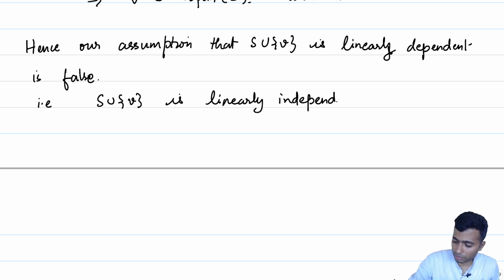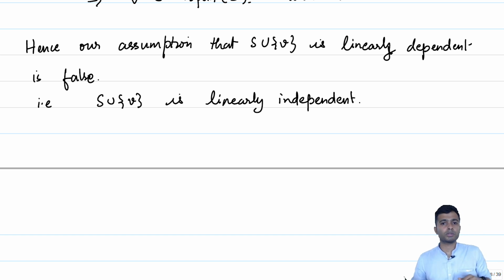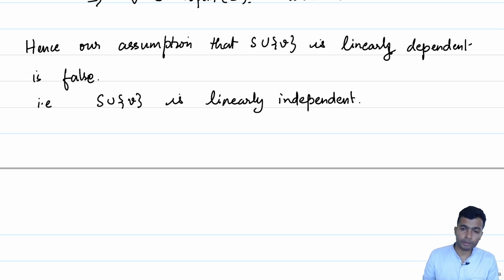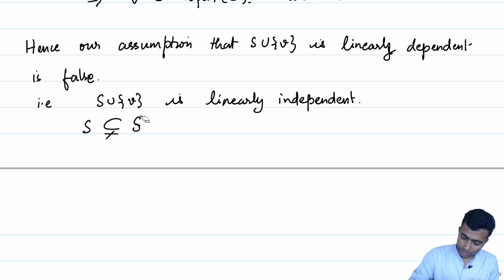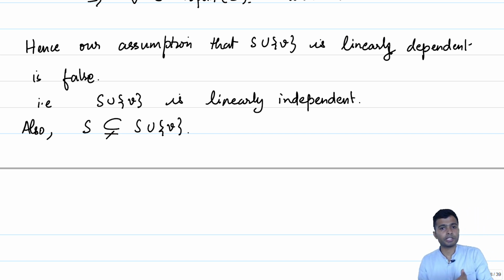Okay, that is good, because what do we know about the subset of linearly independent sets? S is clearly a strict subset of S union V, right. Also we know this. Why? Because we assume that v is not even in the span of S, and therefore, S union V is a strict superset of capital S, and we just proved that S union V is linearly independent.